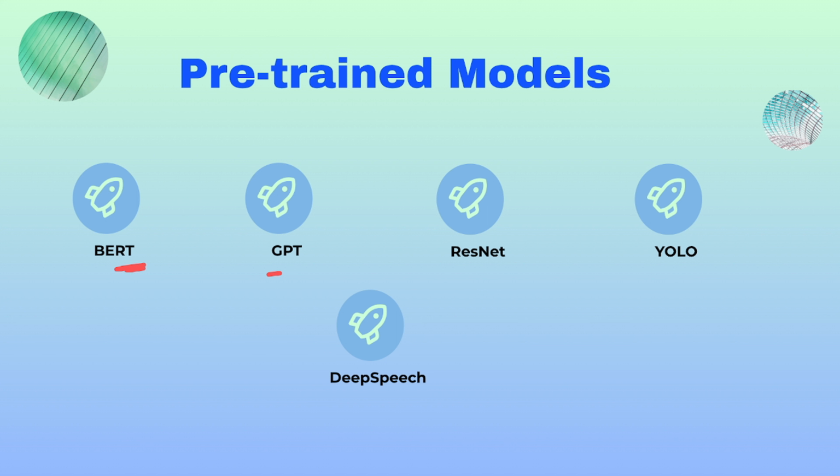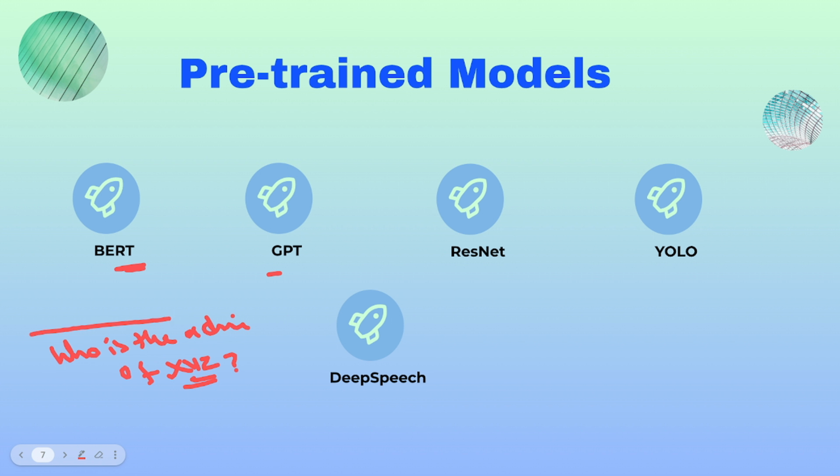If you go to ChatGPT and ask any question about your family members, or let's suppose about your company, like who is the admin of XYZ, let's suppose XYZ is your company. Obviously GPT will not be able to answer, because it is a pre-trained model and it does not have the information about your XYZ company admin.